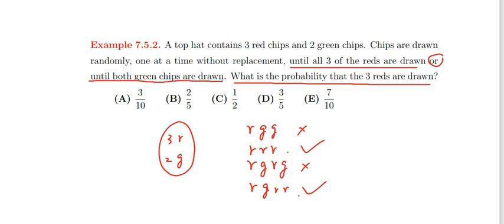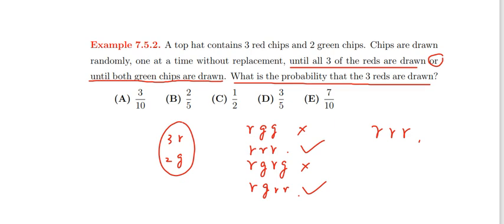Now if we want to guarantee that we get all 3 lead chips when we stop, we can only have certain cases. One case is first lead, second lead, third lead, right? So what is this probability?